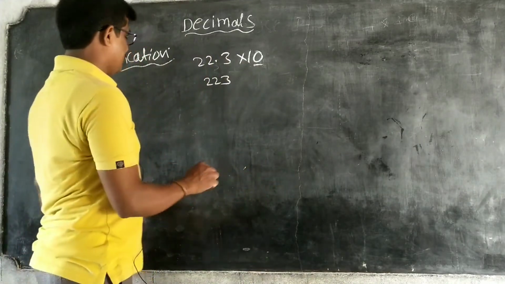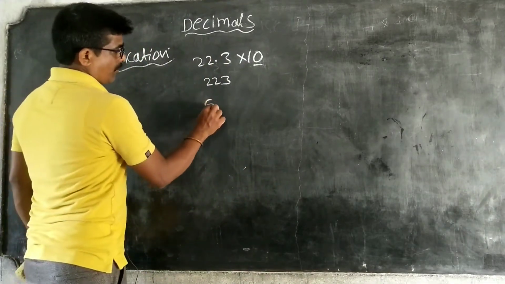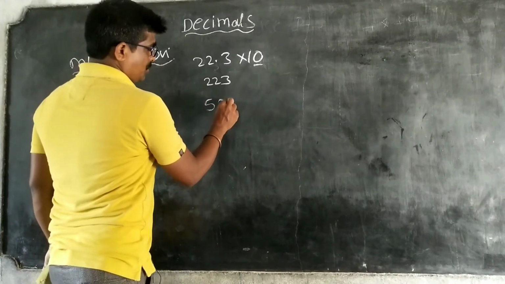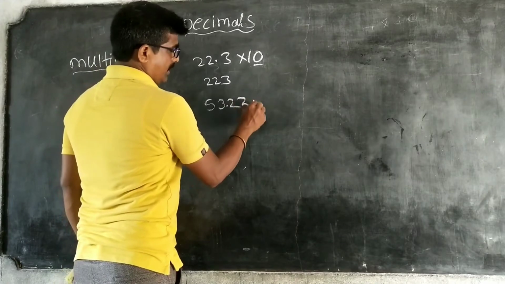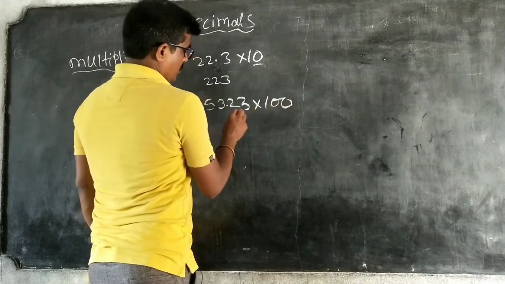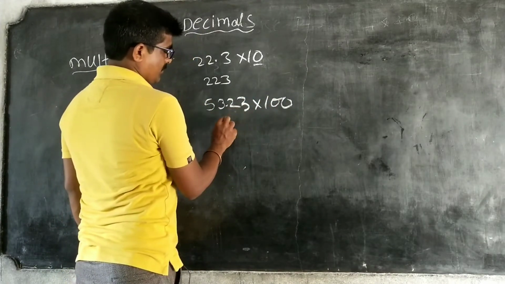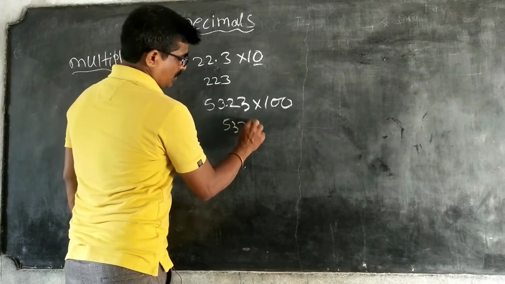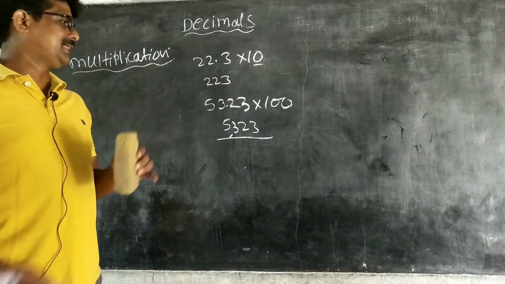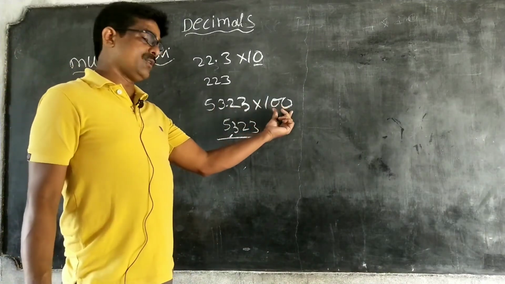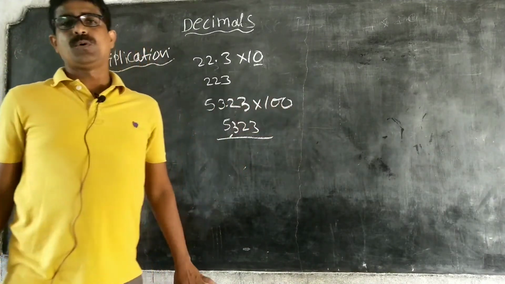I am taking another example, for example, 532. Okay, 23 into 100. So the point after here 2 digits, that's fair, right? 5323. Simple thing. So with 2 zeros, you have to move 2 decimals.